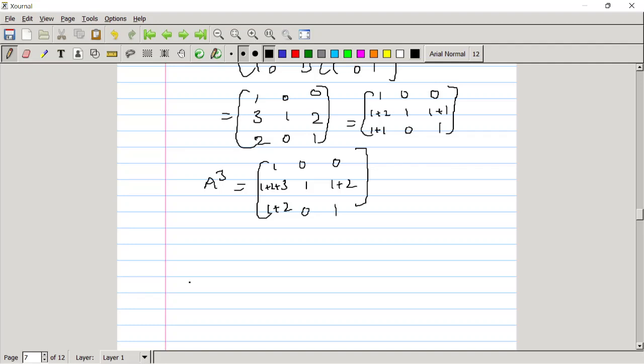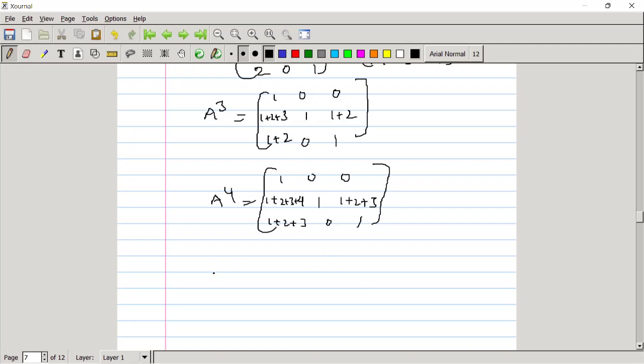So similarly, we will get A power 4 is nothing but 1 0 0. Here we will get 1 plus 2 plus 3 plus 4. Here 1. Here 1 plus 2 plus 3. 1 plus 2 plus 3. 0 1. From the similarity, we will get A power 50 is equal to 1 0 0.